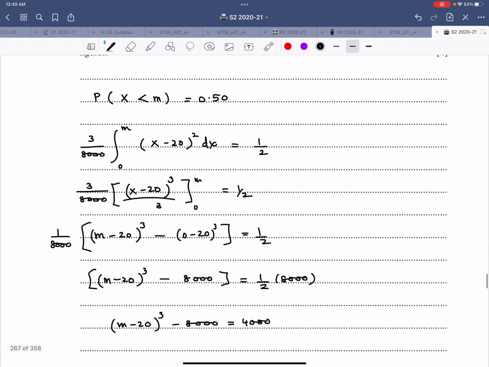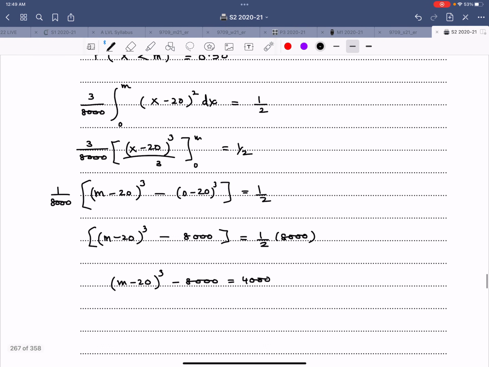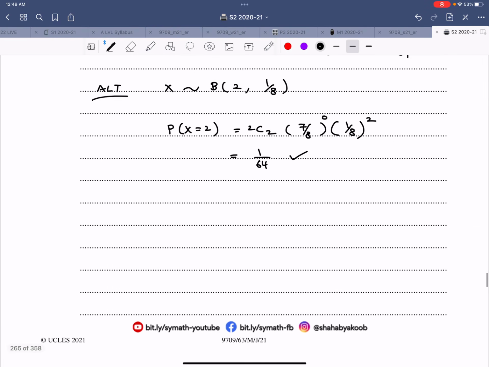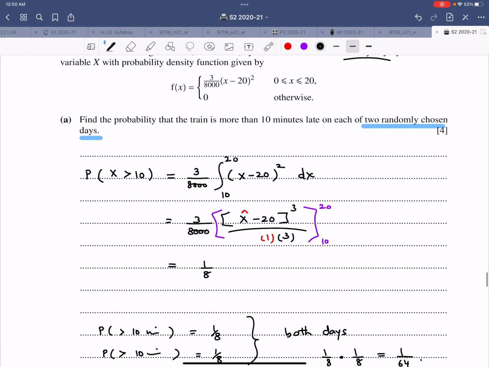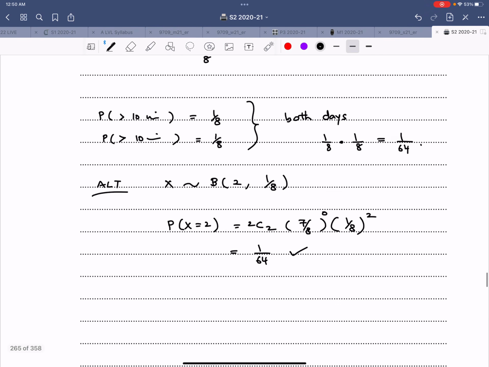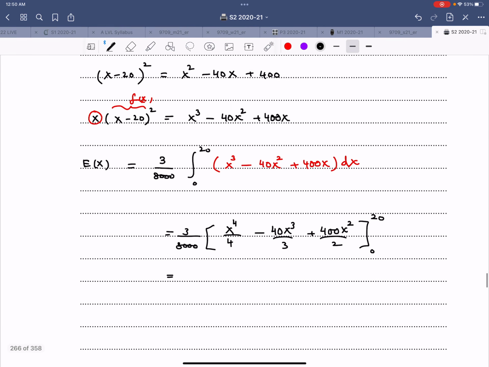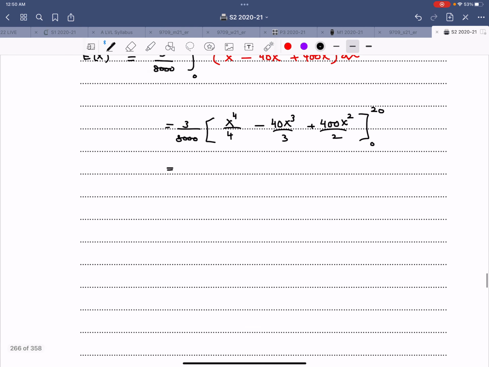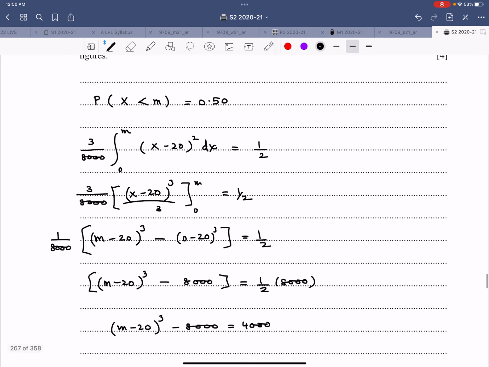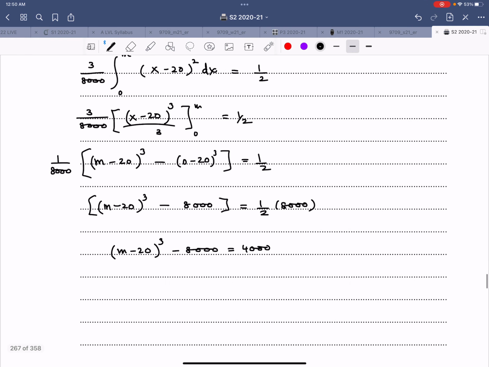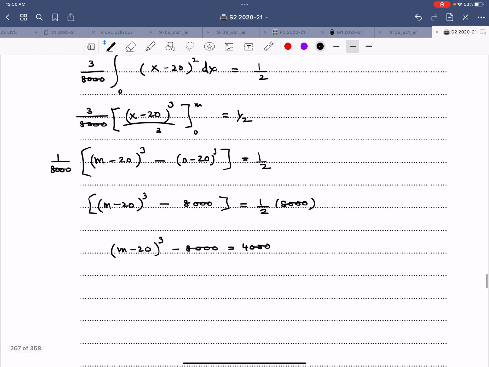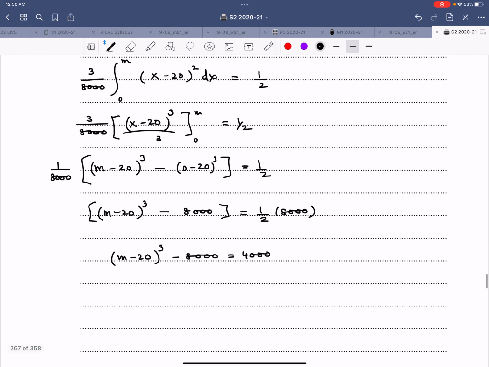Let me double check. The 3 and 3 cancel out, 1 over 8,000 as it is, and this is 8,000. Yes, 3 over 8,000, and when we integrate, there is a 3 there and a 3 there. That's 8,000. m minus 20 whole cube minus 20 into 20 into 20.